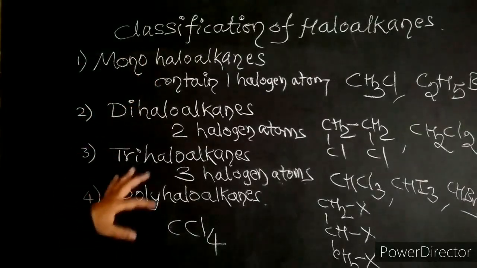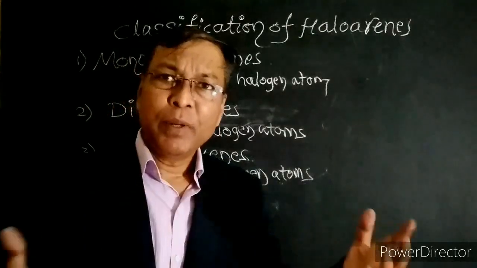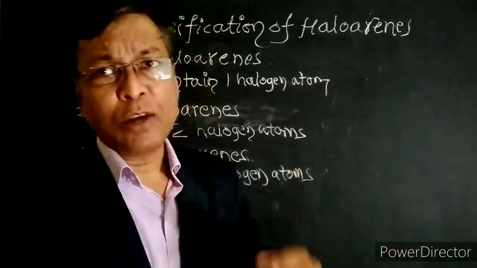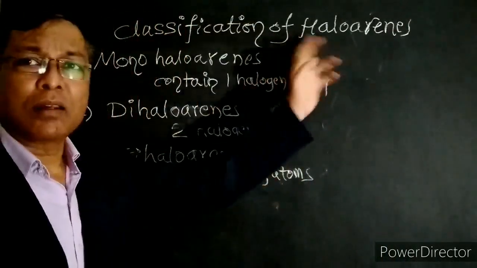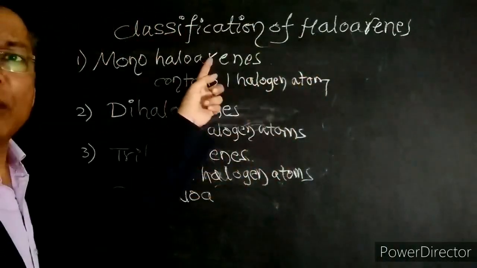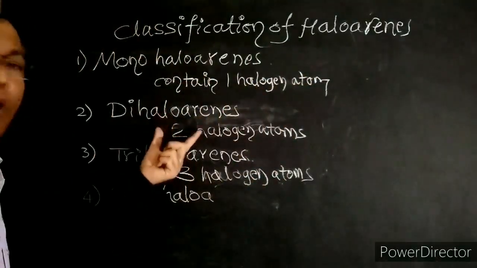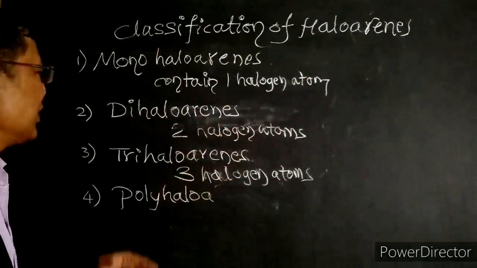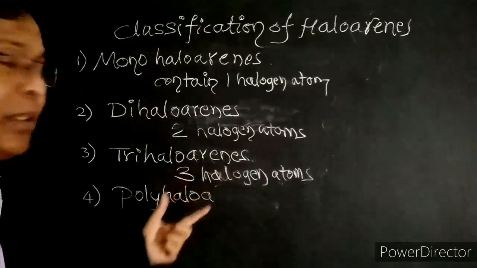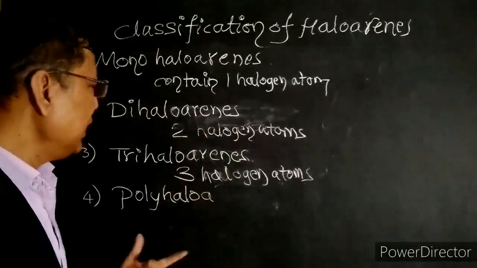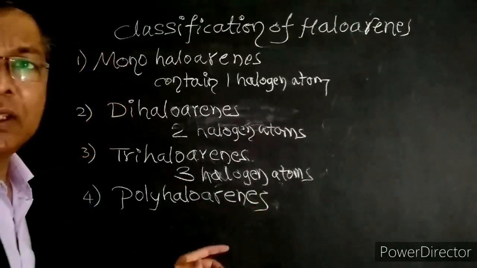Now let us see the classification of haloarenes. Depending upon the number of halogen atoms present in the molecule, haloarenes are classified into monohaloarenes, which contain one halogen atom; dihaloarenes, which contain two halogen atoms; trihaloarenes, which contain three halogen atoms; and polyhaloarenes, which contain more than three halogen atoms.